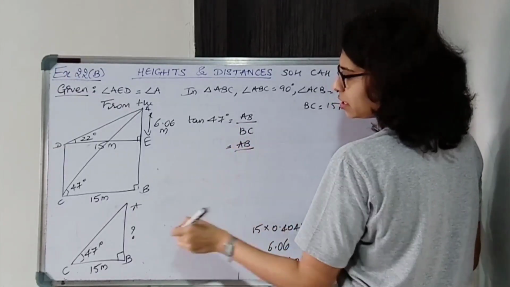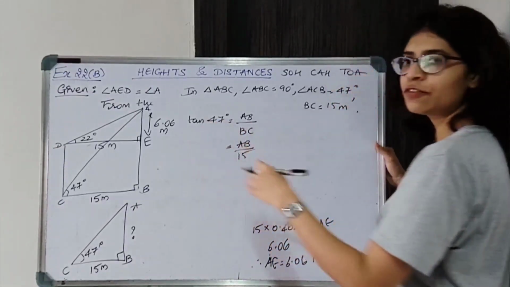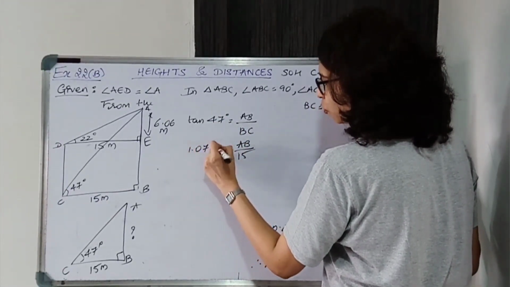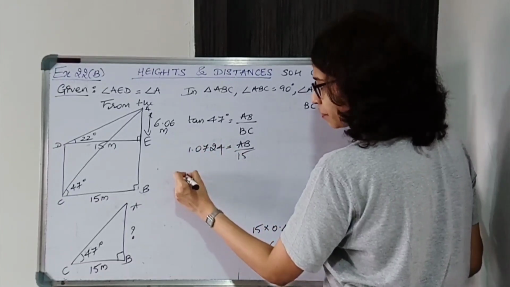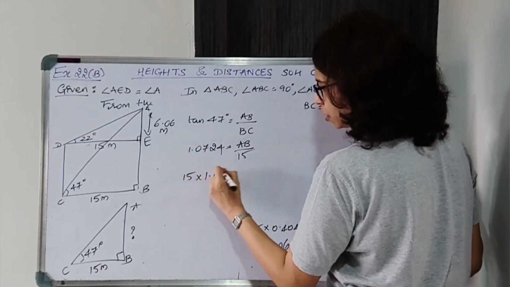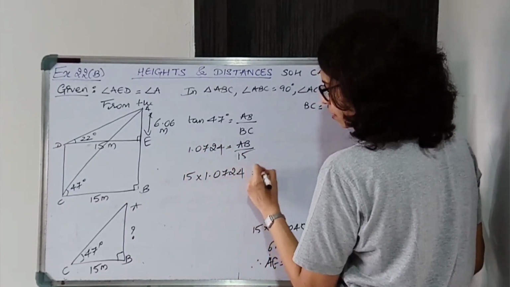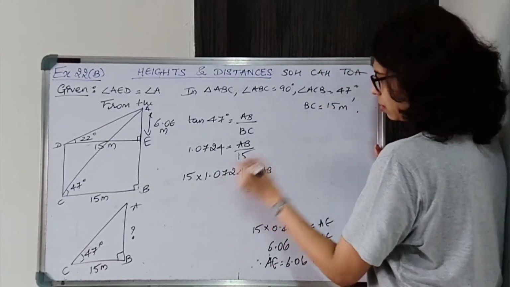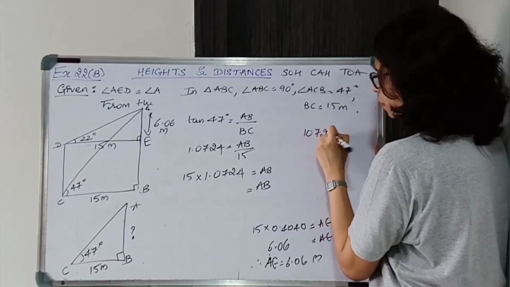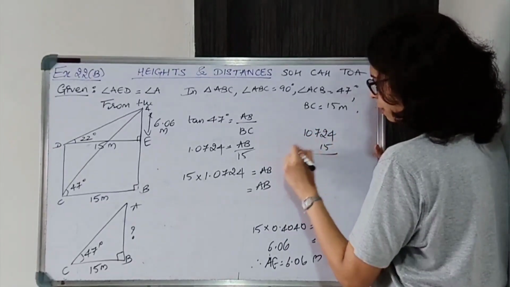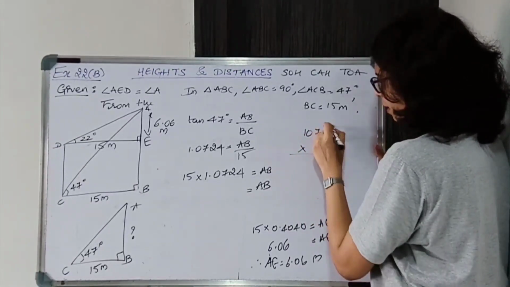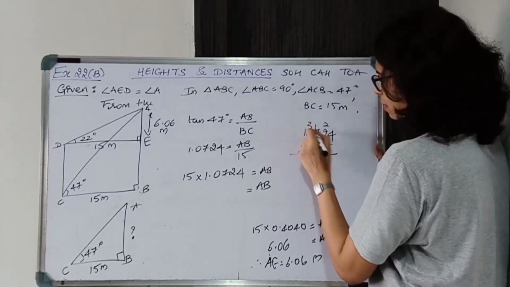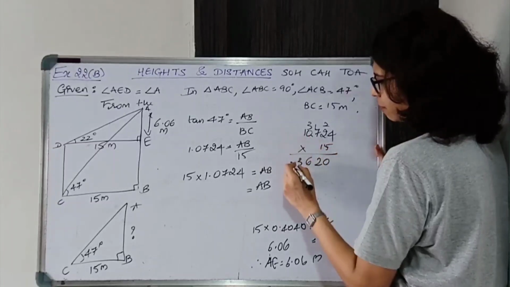So this is 15. This you will get from the natural tangents table. So this is 1.0724. Multiply this. We are shifting 15. So 1.0724 into 15 is equal to AB. Now 10724, forget the decimal point, into 15. 5 4s are 20, 5 2s are 10 plus 2 12, 5 7s are 35 plus 1 36, 5 zeros are 0 plus 3 3, 5 1s are 5.